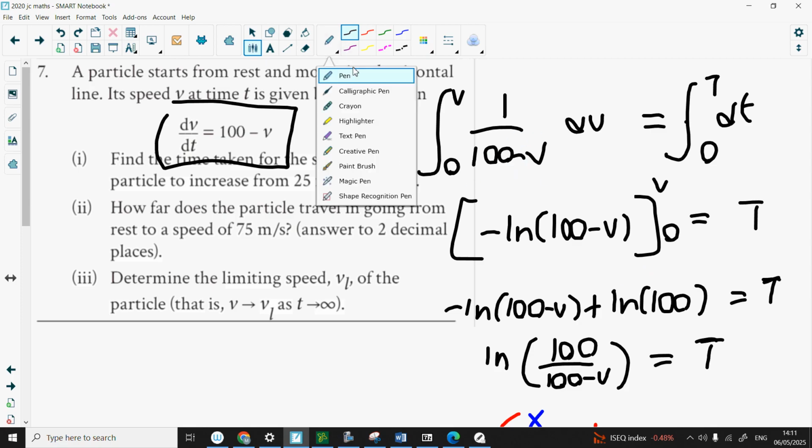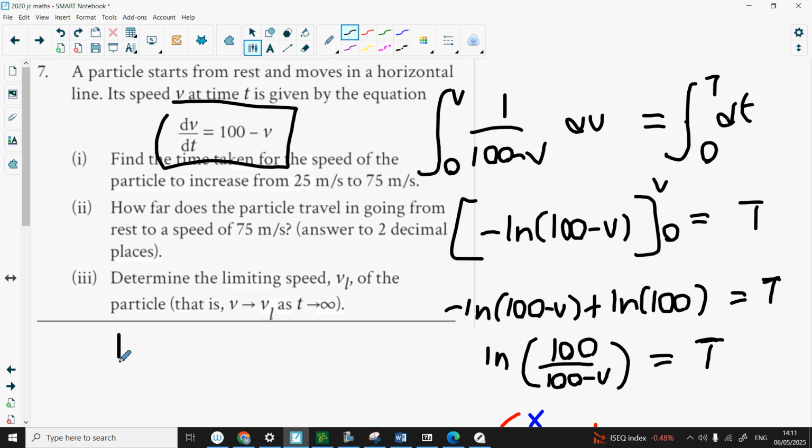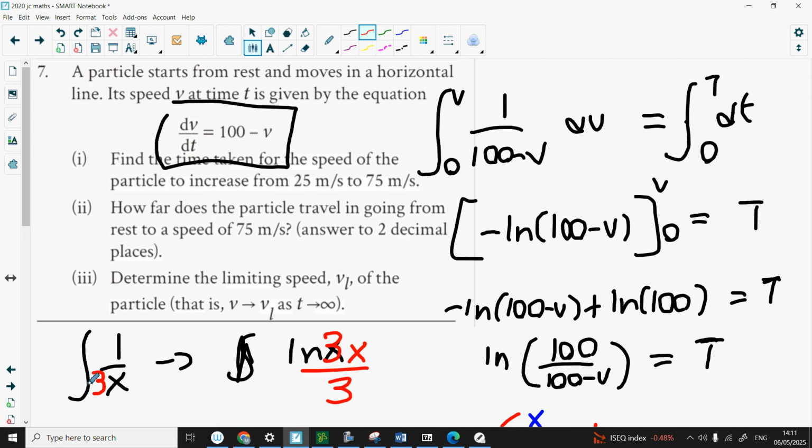Oh yeah. So when you integrate 1 over x, it turns into ln x. But if I was to integrate, for example, 1 over 3x, it'd be ln 3x, then it'd be divided by the derivative, which turns out the same.